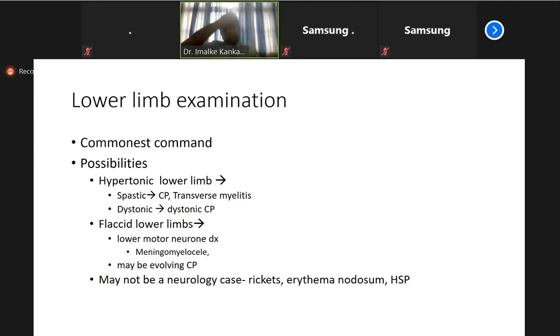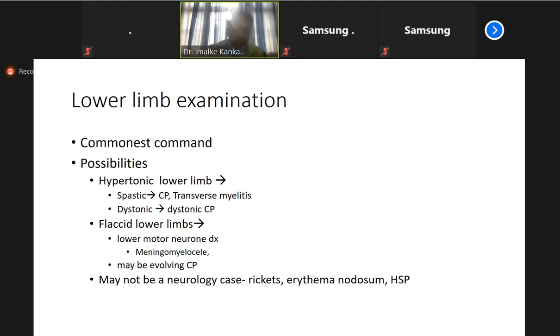So lower limb examination, that's the commonest command. So one possibility is hypertonic lower limbs. Lower limb tone is high. So high tone in lower limb could be due to spasticity or dystonia, basically extrapyramidal or pyramidal tract problems.